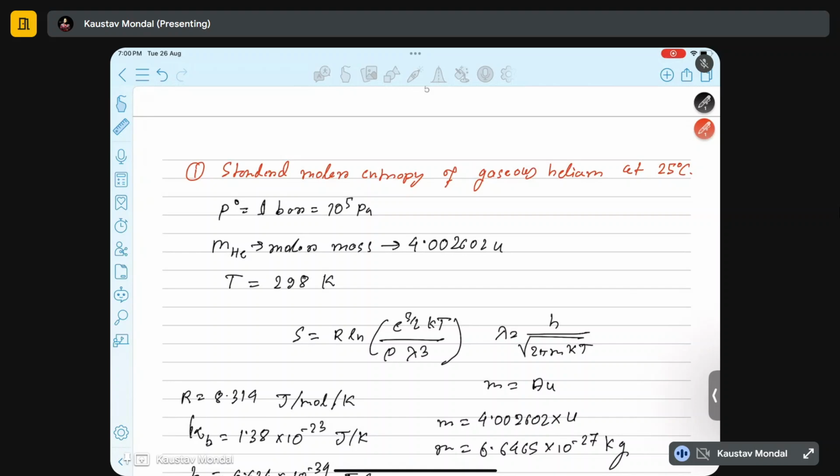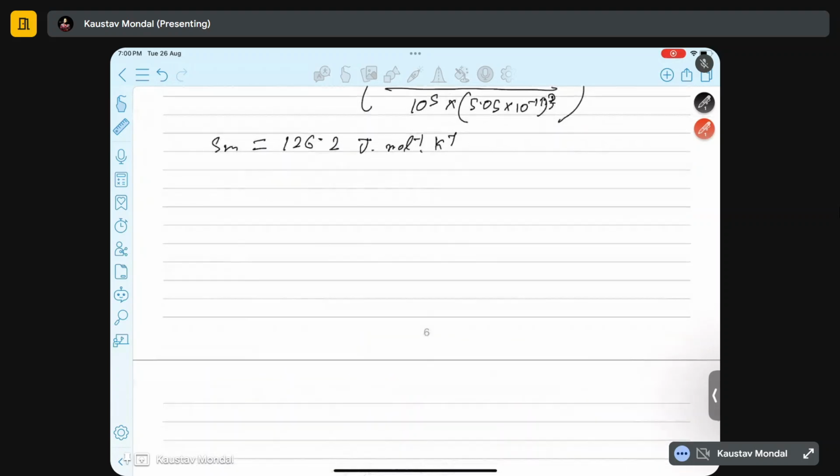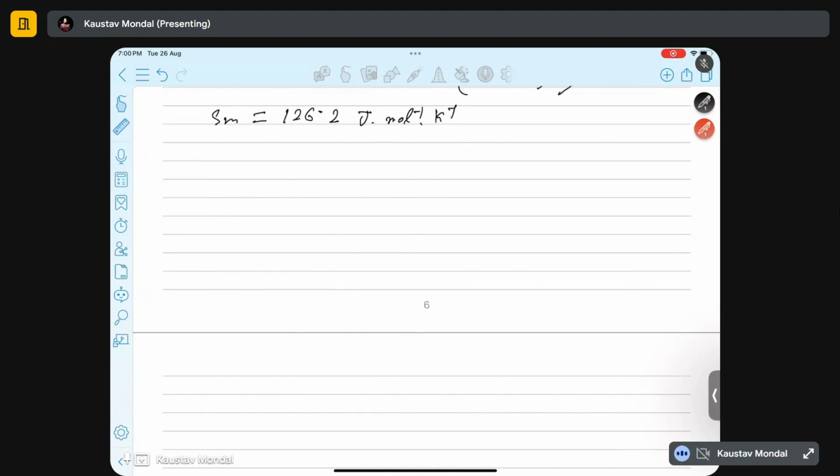For xenon, let's suppose we now want to calculate the same thing: the standard molar entropy of gaseous xenon at 25 degrees centigrade.